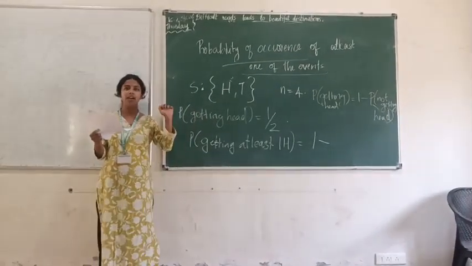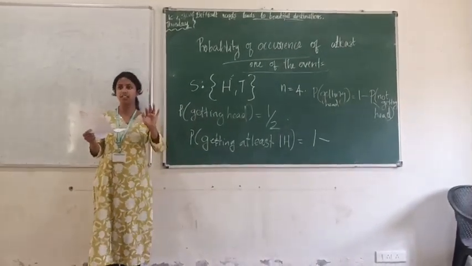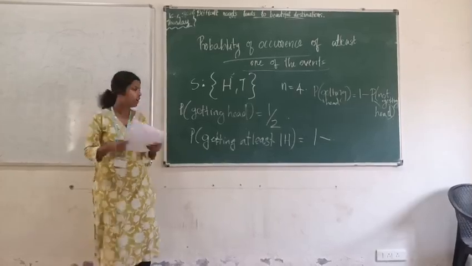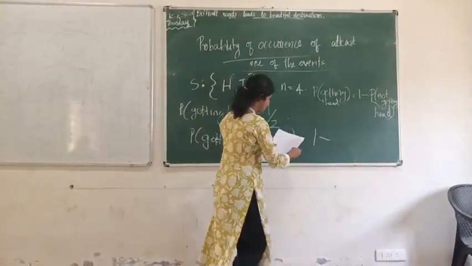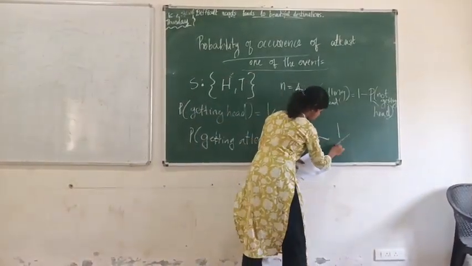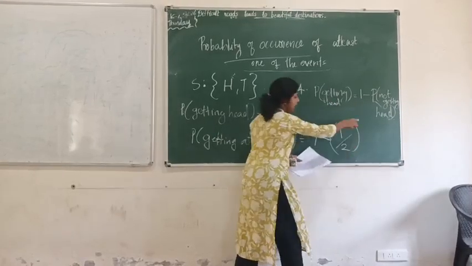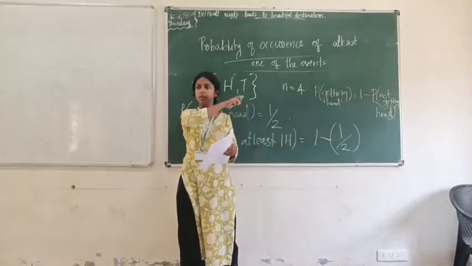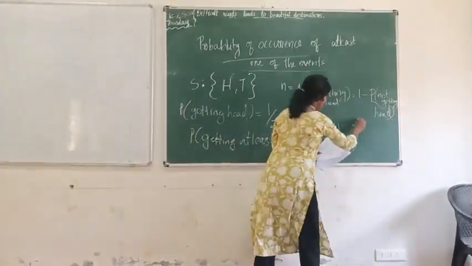That will be 1 minus 1 by 2, the other one is tail. So applying this equation, that will be equal to 1 minus 1 by 2 raised to n. How many trials are taking place here? 4 trials. So that is 4.